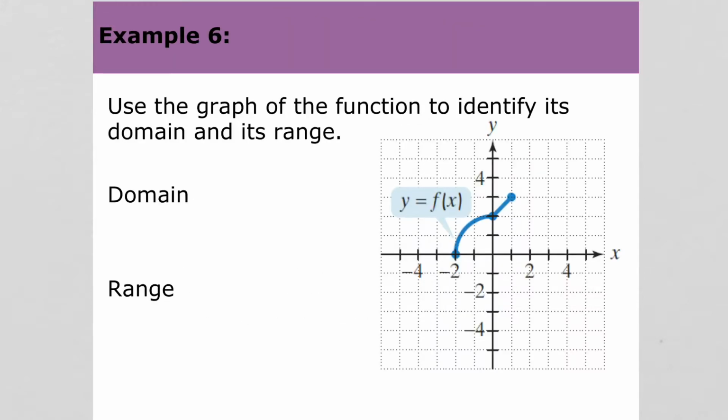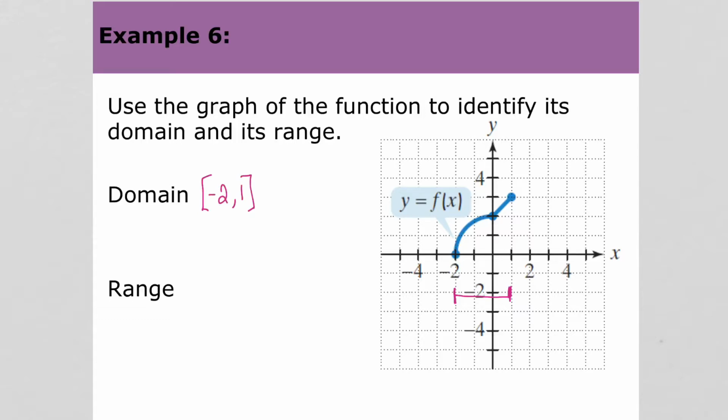So if we look at this graph and we want to determine the domain, then you're going to start with the x value of negative 2 and go to an x value of 1. Notice these dots here are solid dots. So that means that we are including them. So in interval notation, the domain is from negative 2 to 1.